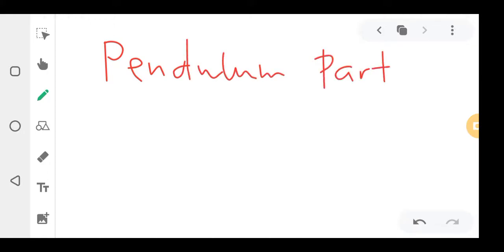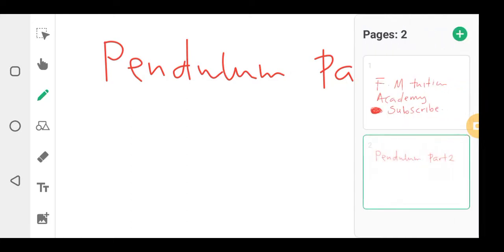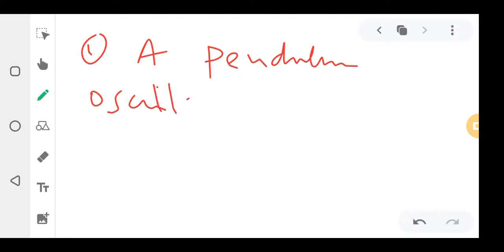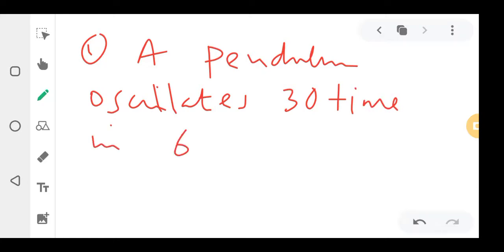This is Pendulum part 2. Now there are certain questions that come in the exam. For example, they can say: a pendulum oscillates 30 times in 6 seconds.